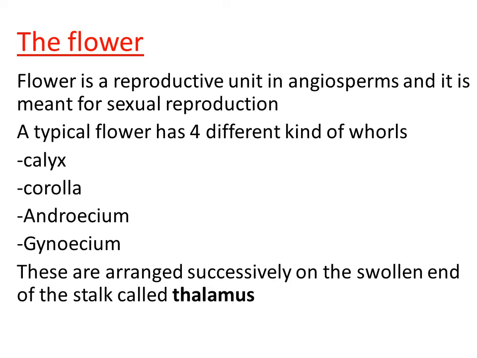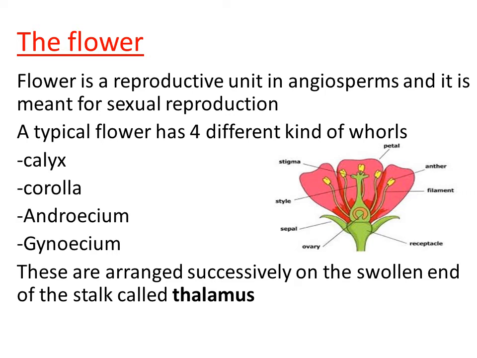If we take a single flower, we can see all these different parts. Just as we talked about the whorls of the flower, a single flower consists of a stalk. That stalk of the flower is called the pedicel.